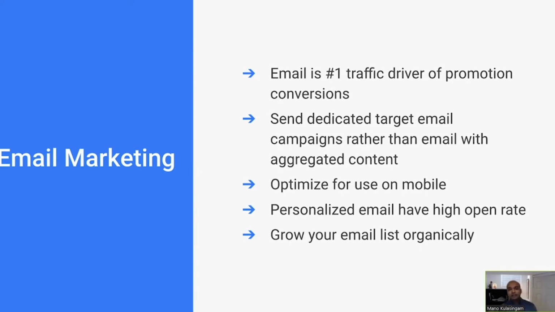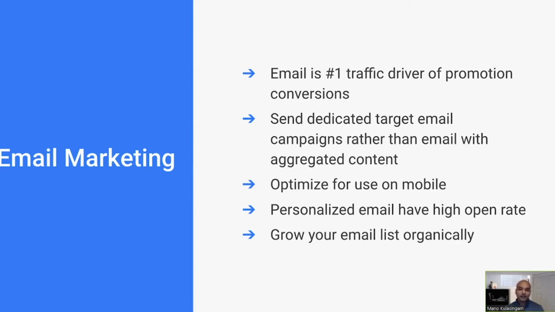Email marketing. This is probably one of the older online marketing channels, and it's still pretty strong. Email is still the number one driver of promotion conversion. It's still hands down. And what I would say is, in terms of email marketing, focus on dedicated, targeted email campaigns. What's been shown is that if you're sending a lot of aggregated content emails, the engagement level is much lower.